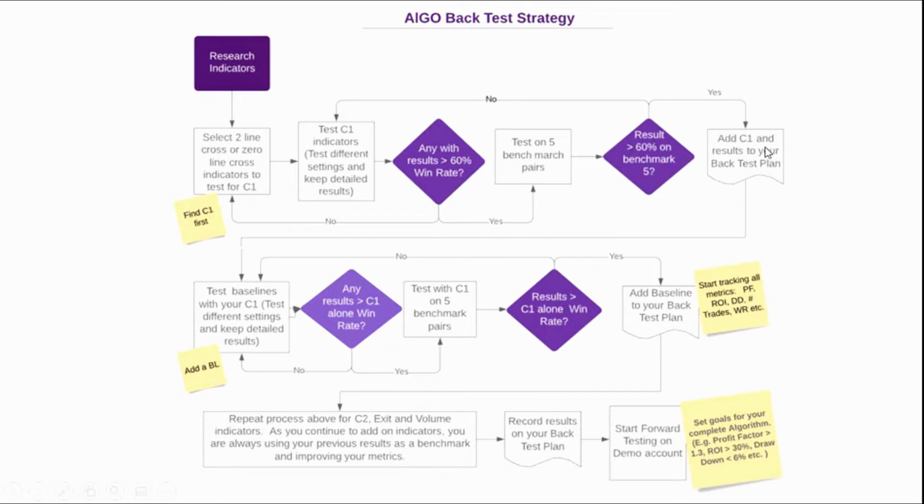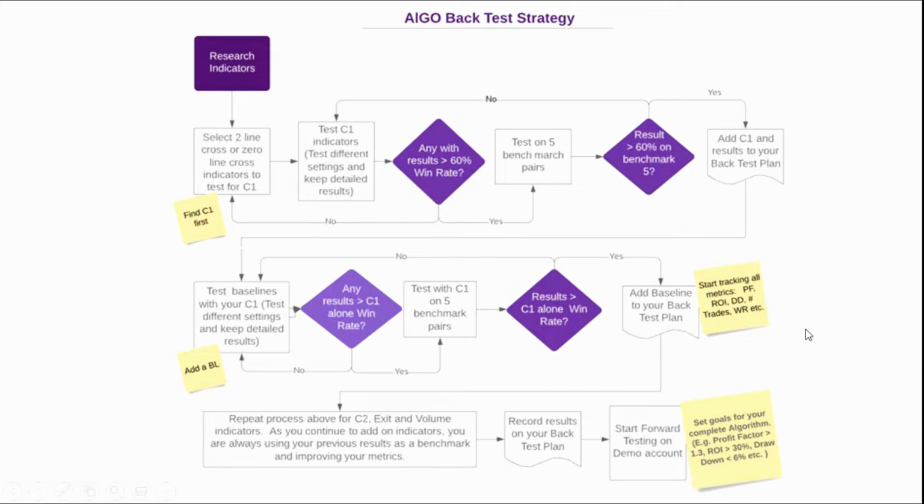And then once you have your C1 identified, next thing you'll do, well, not you do necessarily, but what I did, because I don't want anybody to think that I'm trying to tell you how to backtest. I want to just share with you what I did. So the next thing I did then was I added the baseline. And what we're looking for is an increase in our results by adding that baseline.